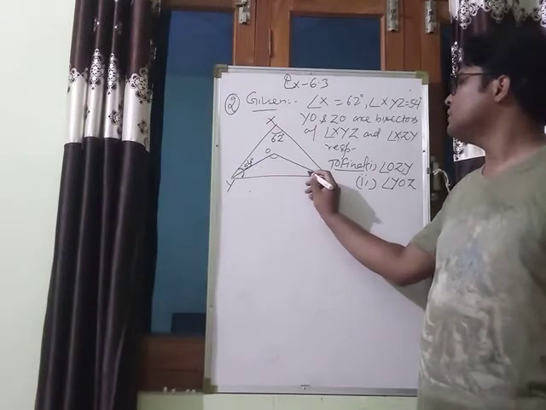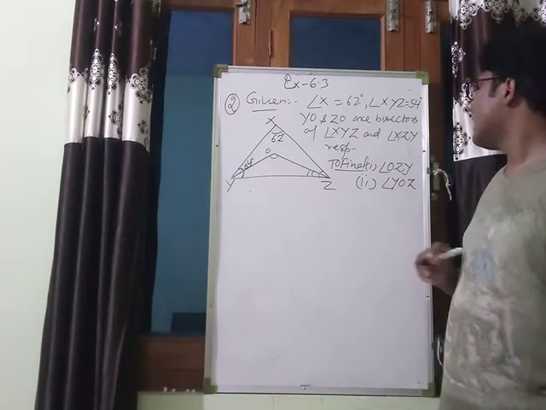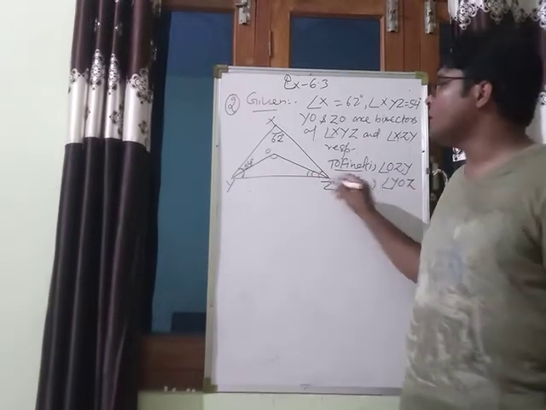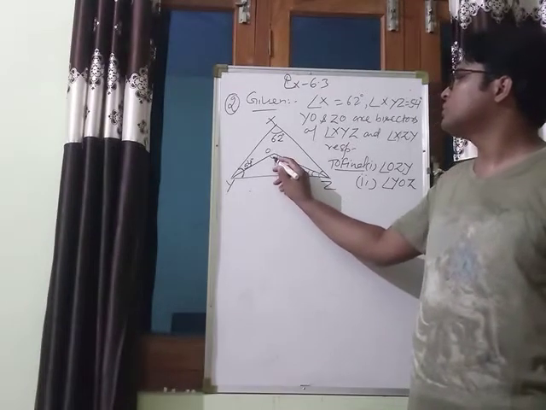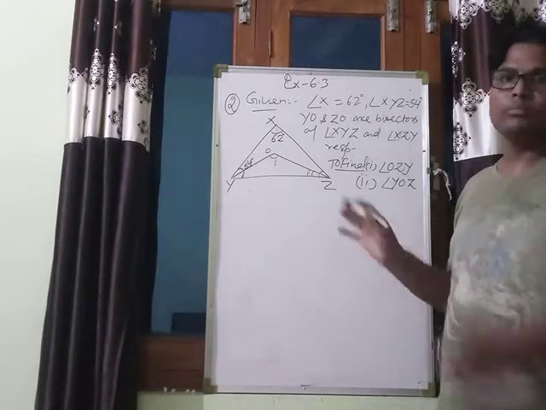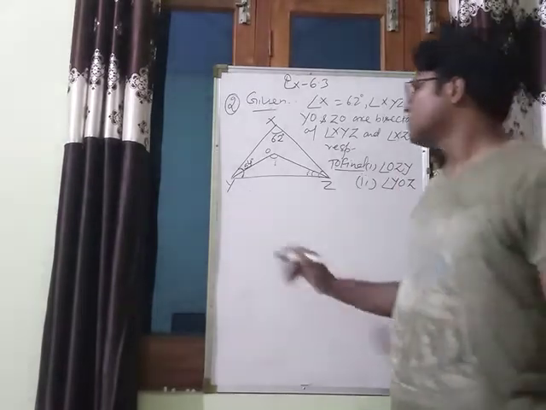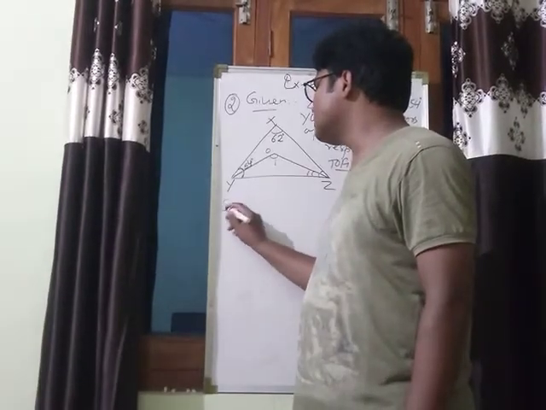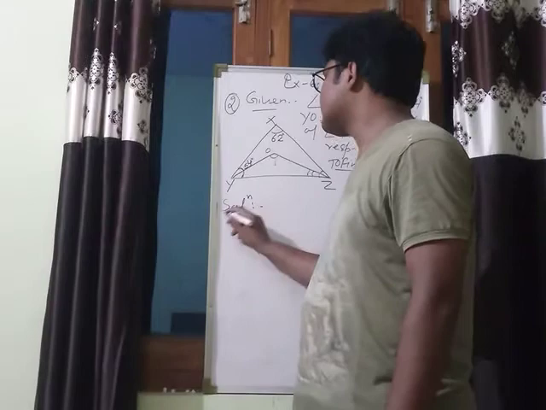OZY means this angle, and YOZ means this one. We have to find out these two angles of this figure. So see, I am going to solve this question.